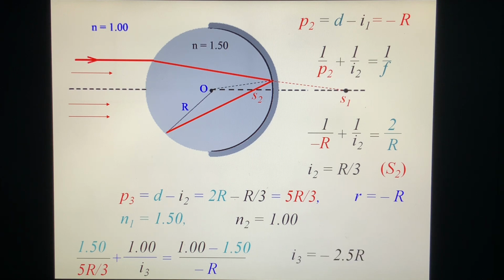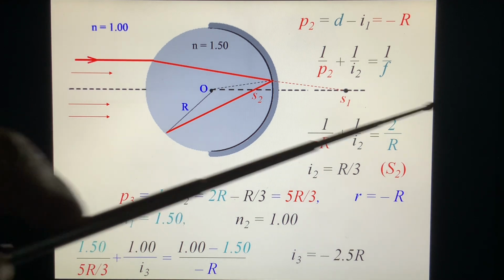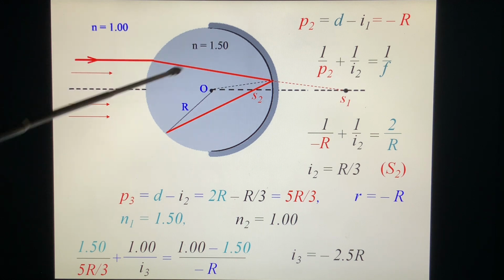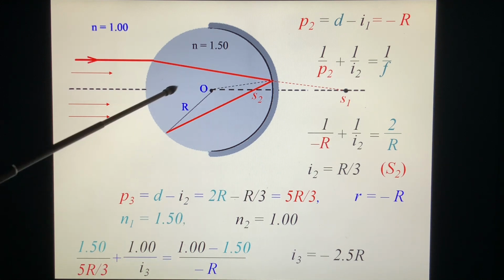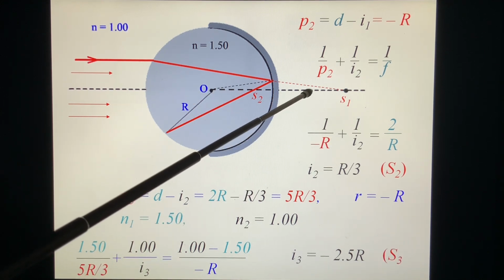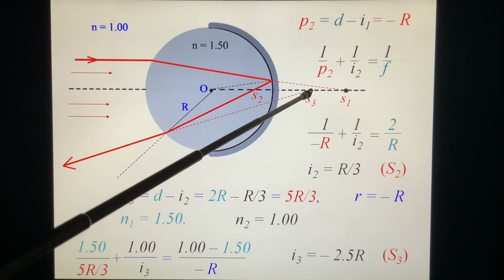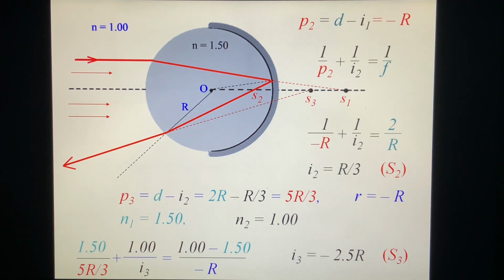Where is it? The last process is this refracting surface, so the center is the reference point. It is a negative number, so looking from this side, this is the virtual side and this is the real side. So it is 2.5R, the final position.